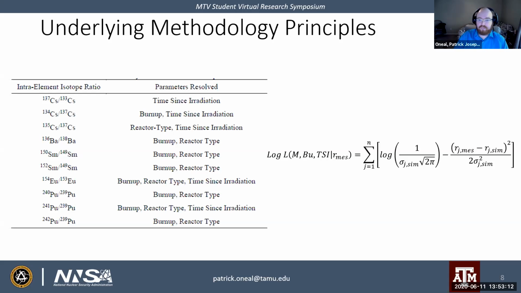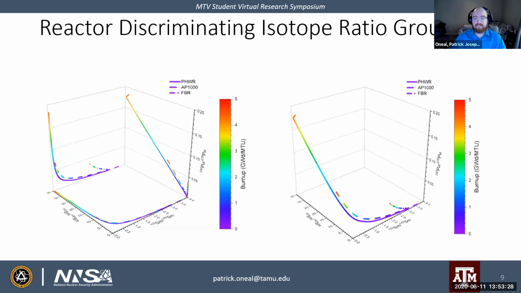And so what we are seeking to do is basically group these into groups that resolve specific parameters, create initial guesses, and then let them work together to get us more accurate results. So we've done this for one parameter so far, which is reactor discrimination, I think probably our most important parameter.